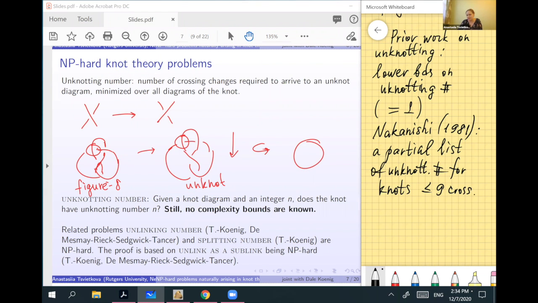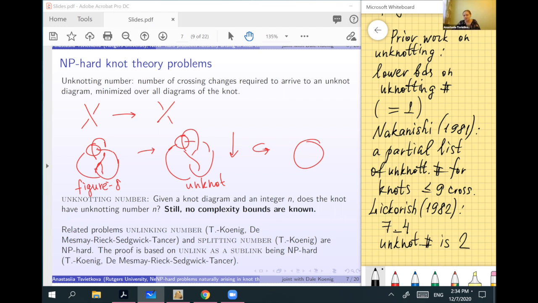And then people really tried to understand what unknotting numbers are for those which are not in the list. So for example, there is Lickorish's paper from '82, where he takes just one particular knot, 7_4, and he says that unknotting number is 2, so unknotting number is not 1.